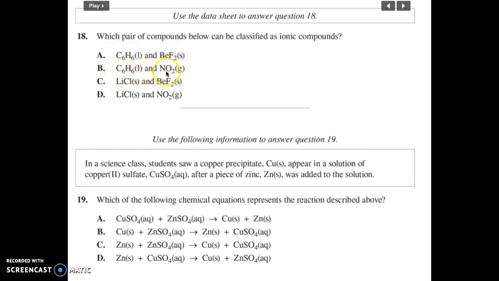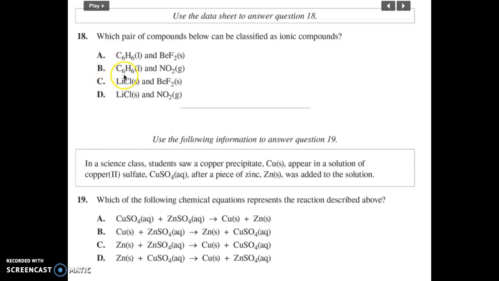Okay, this one for sure is not ionic because nitrogen and oxygen are both nonmetals. So I would cross that out if I had this on paper. Okay, and then this one too, cross that one out because it has nitrous oxide in it. Or officially it would be nitrogen dioxide, right, if we're naming it properly.